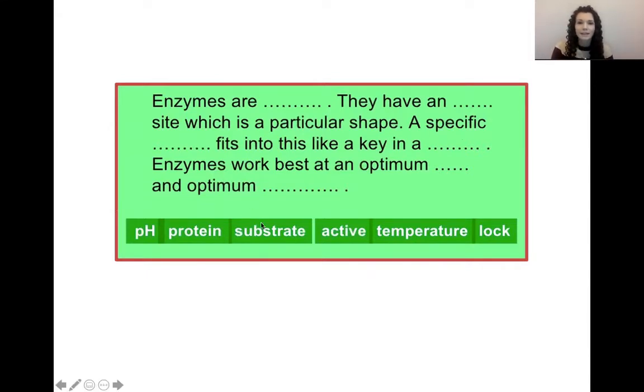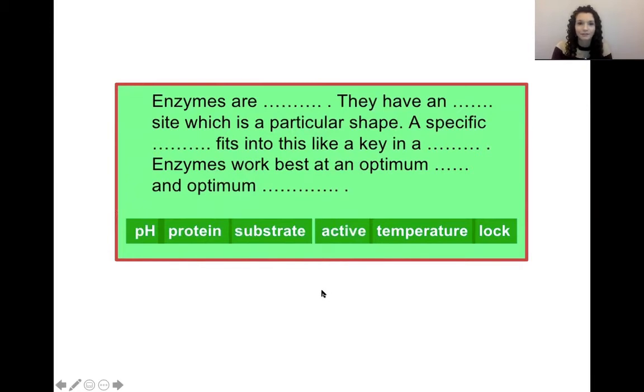A specific substrate, that's the thing that's doing the reacting, the thing that's being broken down or the thing that's being made, fits into this like a key in a lock. Enzymes work best at an optimum temperature and an optimum pH. Optimum is just the conditions that they work best at, where there's the most enzyme activity.